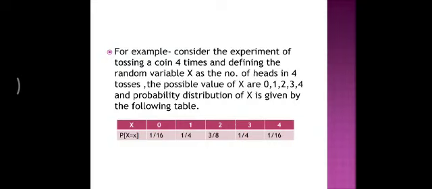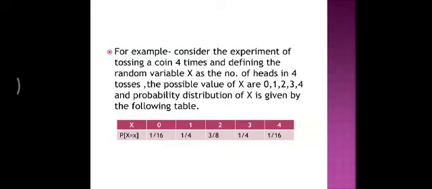Capital X is the number of heads in 4 tosses. If we toss one coin 4 times, it will give either 0 heads, 1 head, 2 heads, 3 heads, or 4 heads. So capital X is equal to 0, 1, 2, 3, 4. For 4 tosses there will be 16 possibilities.